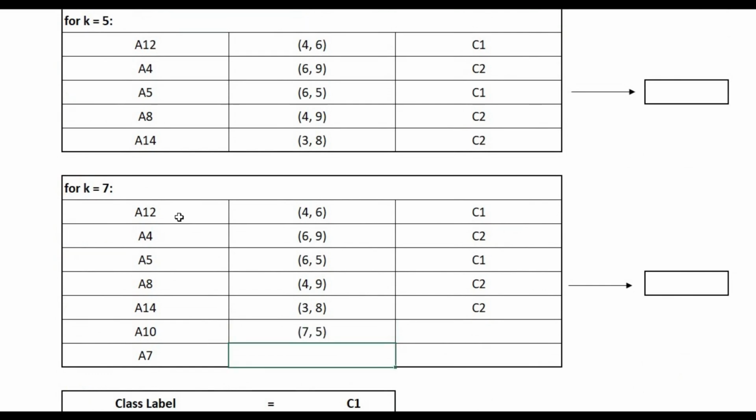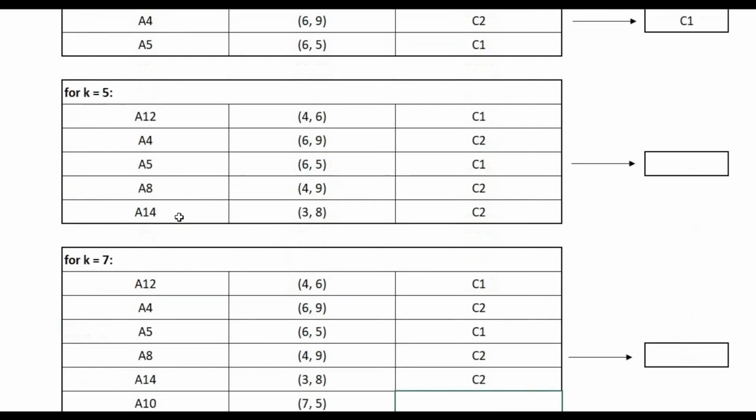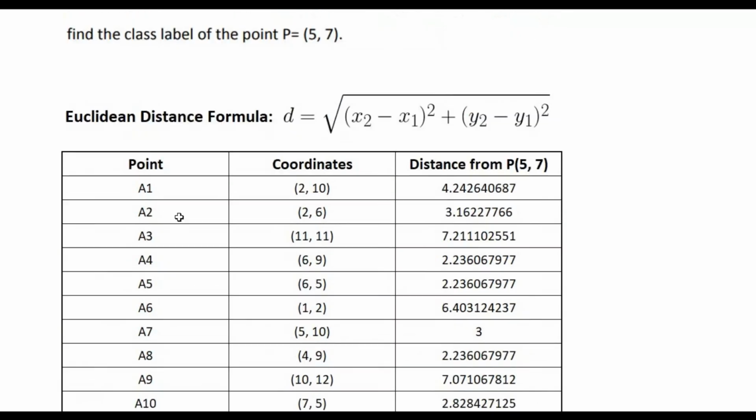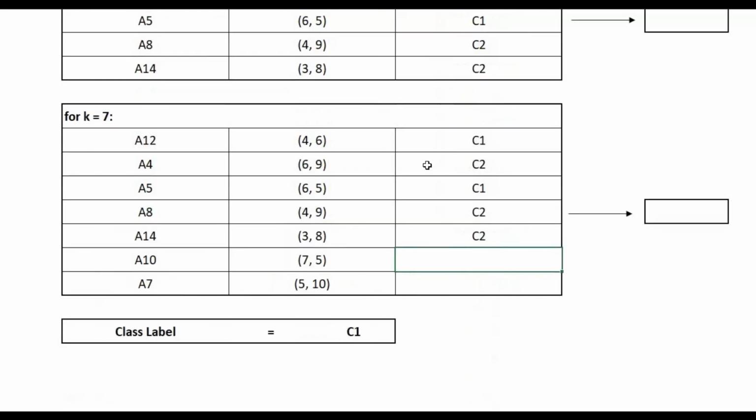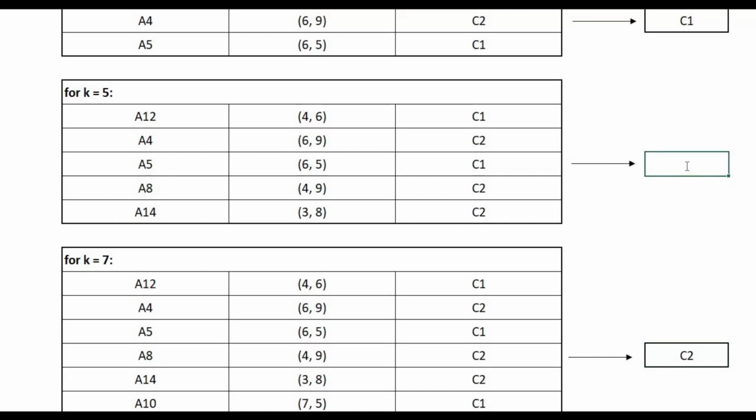For the class labels, A10 is C1 and A7 is C2. So in k7 we have 4 C2 and 3 C1. So the class label predicted for the new data point according to k7 is C2, and k equals 5 is also C2.